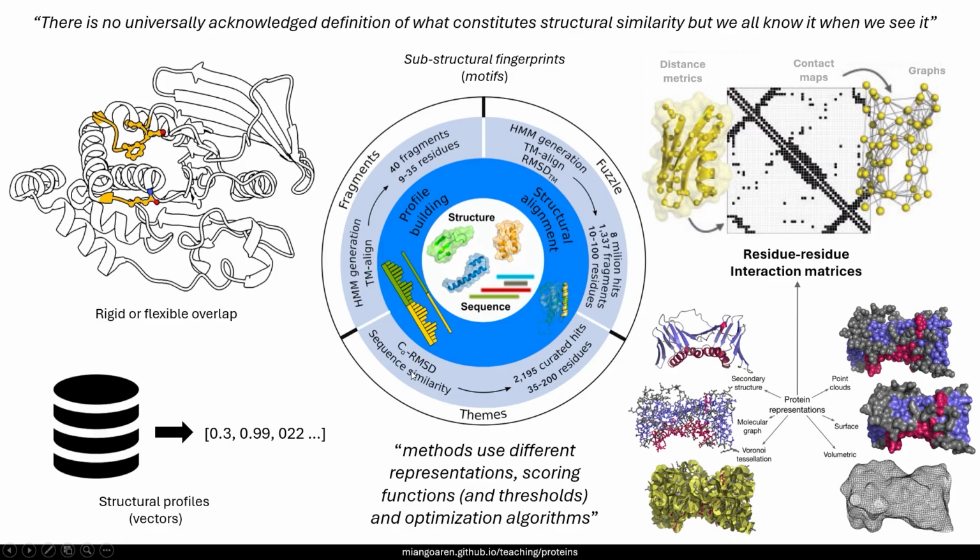Even the way we infer these structural signatures varies from algorithm to algorithm. What you can see here is that there are three types of suggestion. In this case, one is called fragments, this one is called themes, this one is called rifle. And in each one, they find a different number of structural motifs.